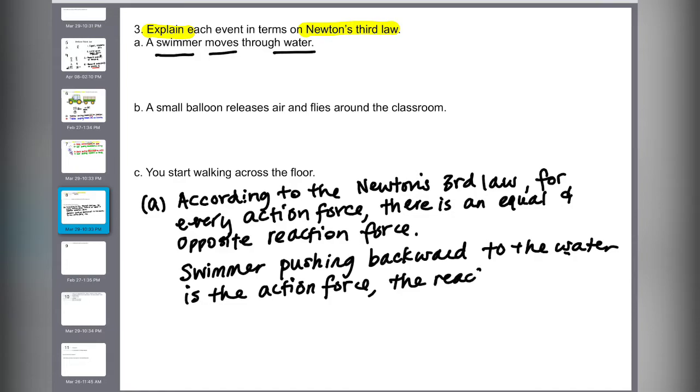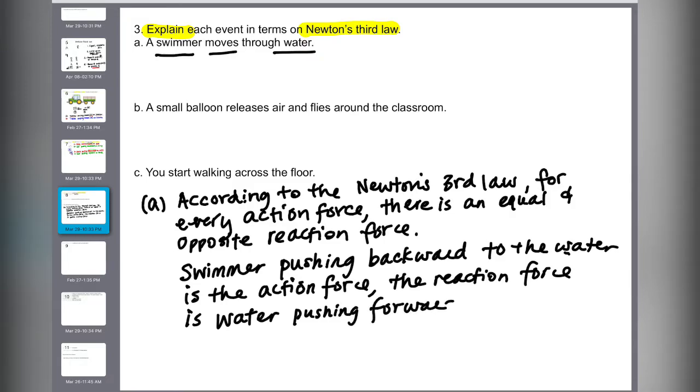And the reaction force is the water is now doing the opposite thing, is now pushing forward on the swimmer. And that's why the swimmer can now go forward, causing the swimmer to go forward.